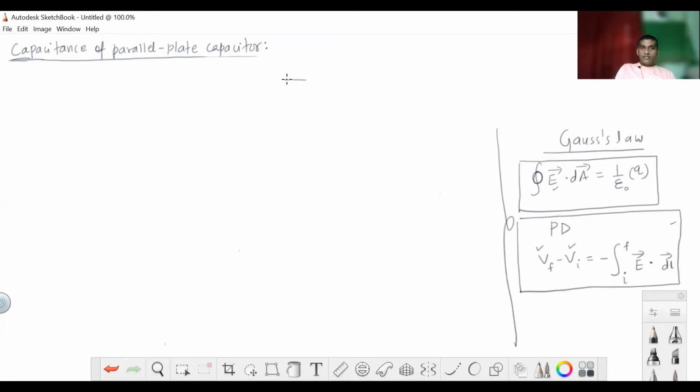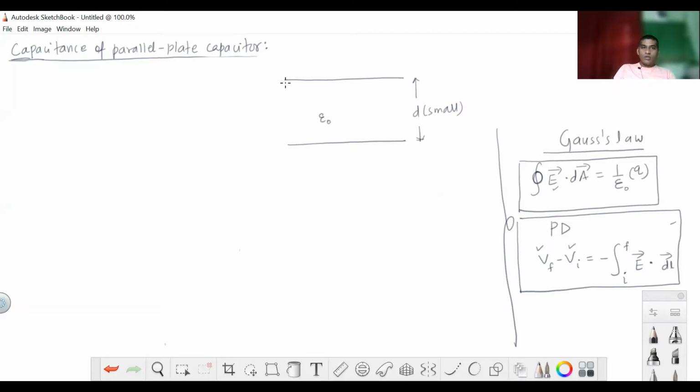Now let us consider two metallic plates separated by small distance d, and let us assume free space or vacuum between these two plates. For free space we take permittivity epsilon 0.